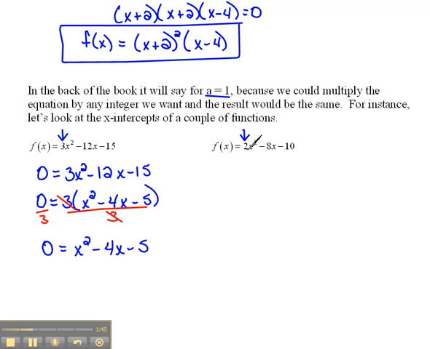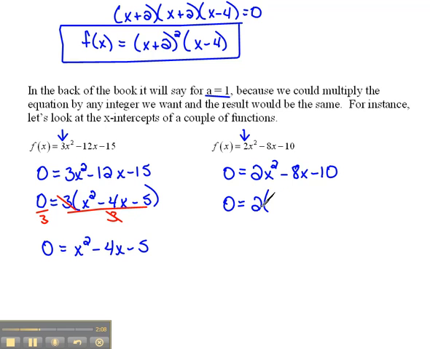But I want to take a minute and go back up to this next problem. Here again, same situation. If I were finding the x-intercepts, I would let y be 0. So that would mean 0 equals 2x squared minus 8x minus 10. And then quadratic, so that means we're going to factor. I'm going to pull out a 2 here.